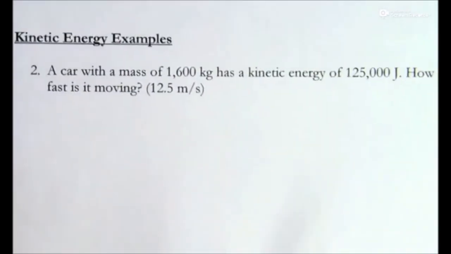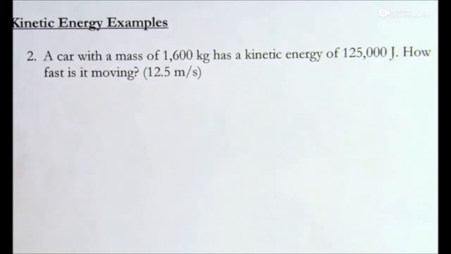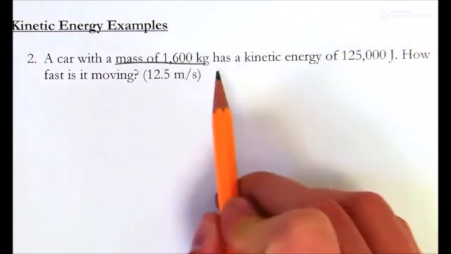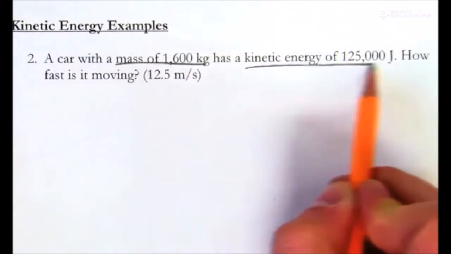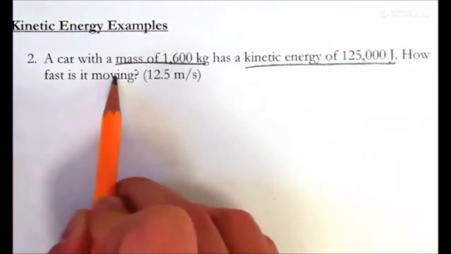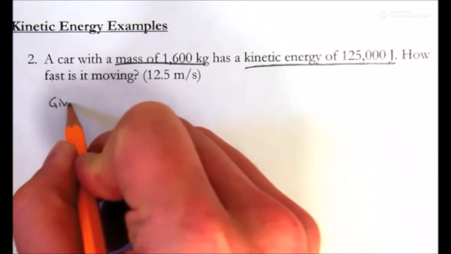Now let's move to another example, again following the same procedure. A car with a mass of 1600 kg has a kinetic energy of 125,000 joules. How fast is it moving?